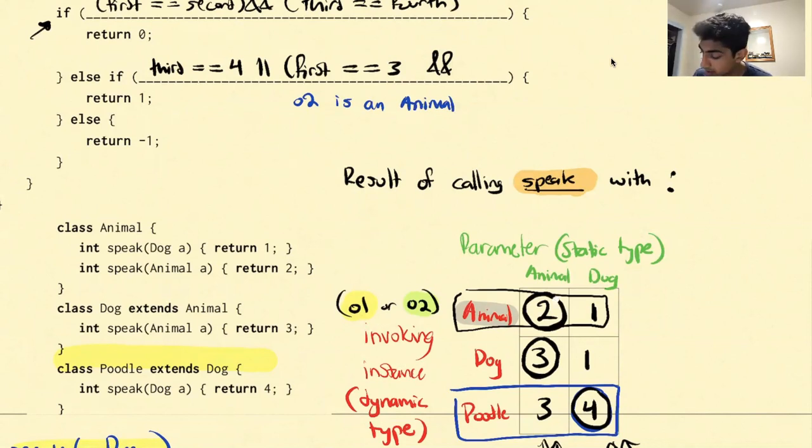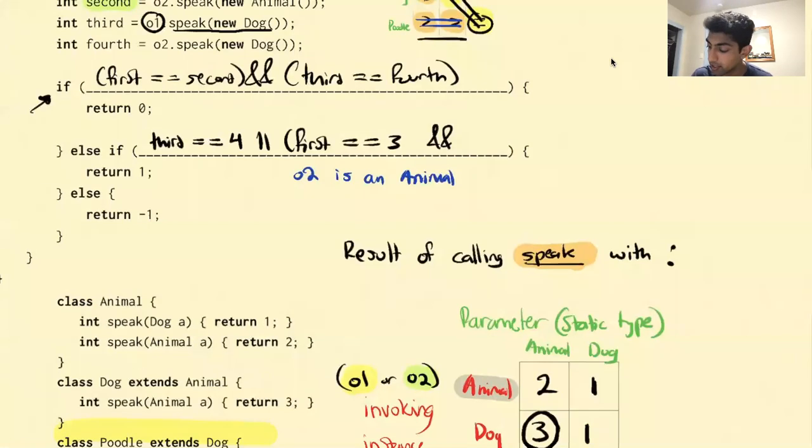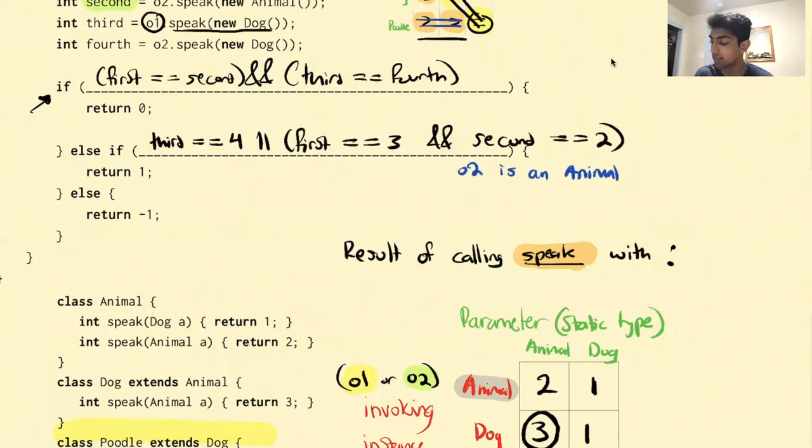And that corresponds to looking at the call to second, right? So what we're going to say here is that if first is equal to 3 and second is equal to 2, it corresponds to the case that O2 is an animal. I already have that written, right?